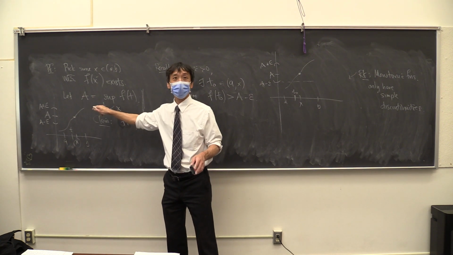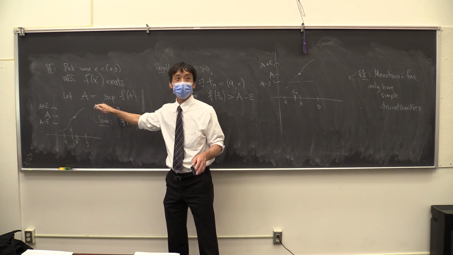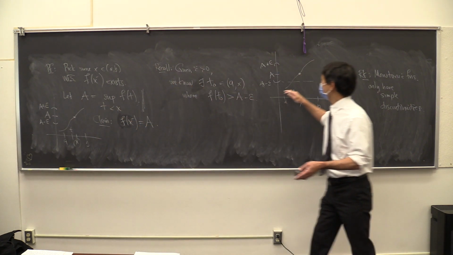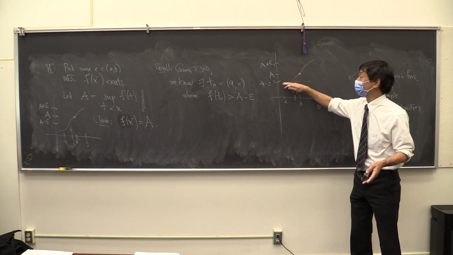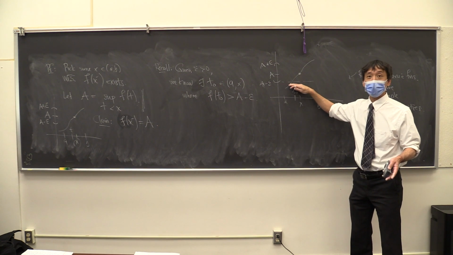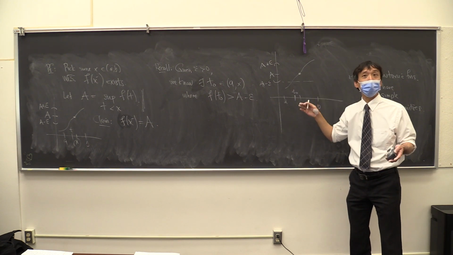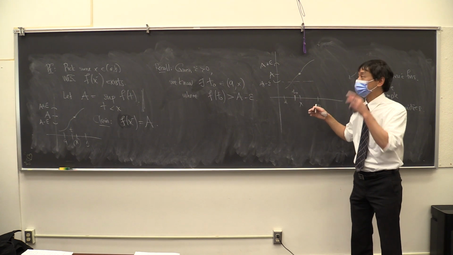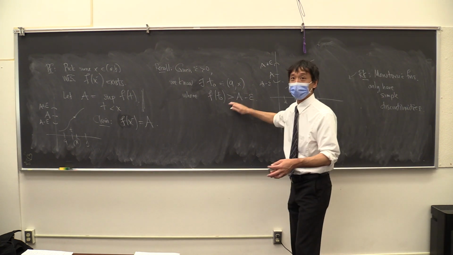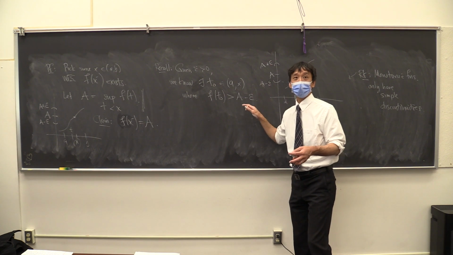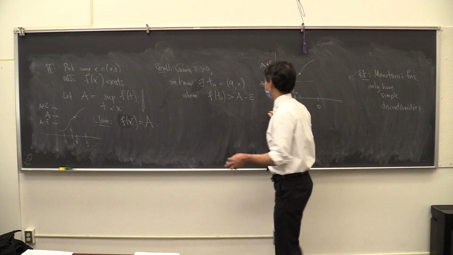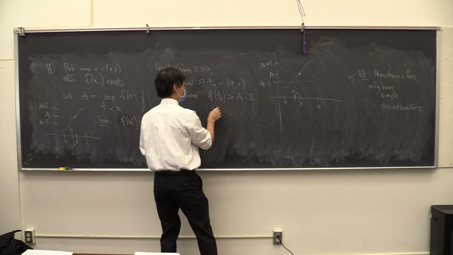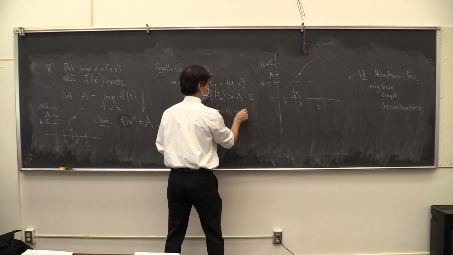What was A? A was the supremum, right? If there's nobody over here bigger than A minus epsilon, then A minus epsilon would have been your supremum. So there's got to be somebody there bigger than A minus epsilon. Otherwise, A is not the supremum.